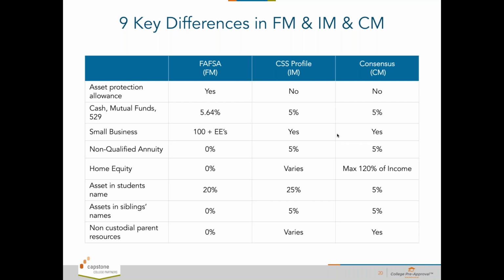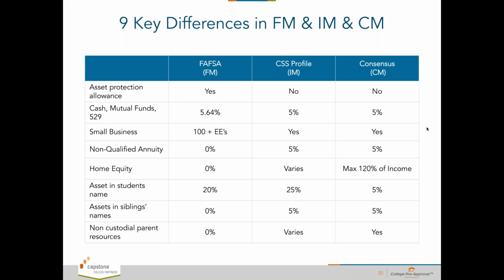Many of them base it on a percentage of income. What the consensus has said is that the maximum we're going to assess your home equity is 120% of your income, and I've got an example to drill that home. Profile schools, some of them, the highest I've seen is 3.5 times your income in terms of home equity. Some of them don't look at it at all.